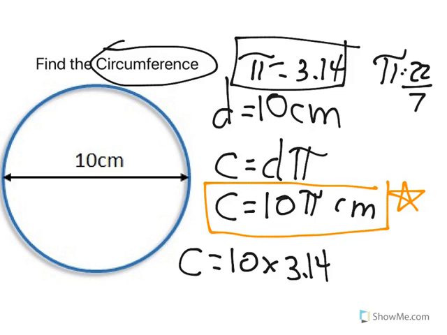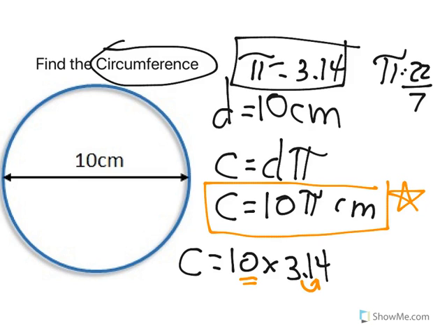I don't know if you remember how to multiply a decimal by 10 or by 100. It's so easy. You just need to look at it: 10 only has 1 zero. So that's going to tell me I need to move just one place to the right. When you multiply, you move to the right. When you divide, you move to the left.